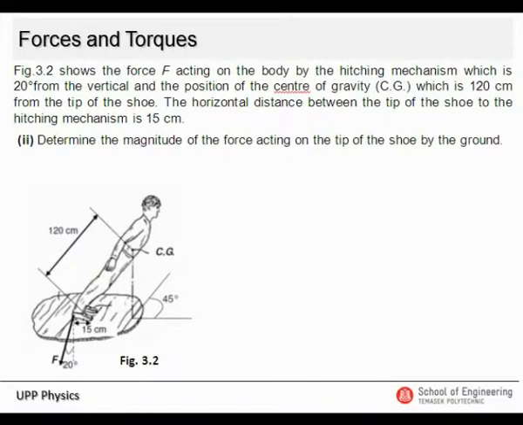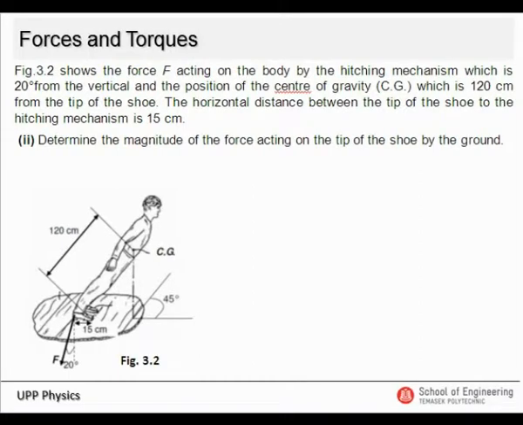Let's proceed to the second and final part of this question. Determine the magnitude of the force acting on the tip of the shoe by the ground. To solve this problem, we need to draw the free body diagram of Michael. Now, this question actually asks for the normal contact force, which we have already identified in the previous question. But nevertheless, we shall redraw the free body diagram.